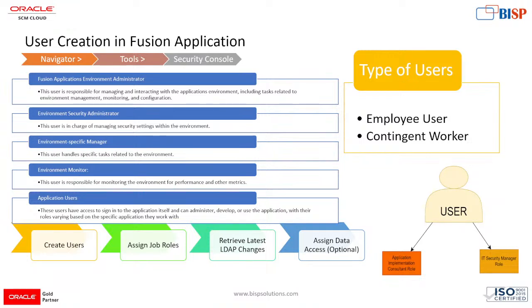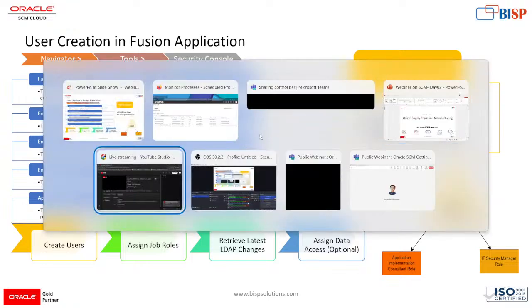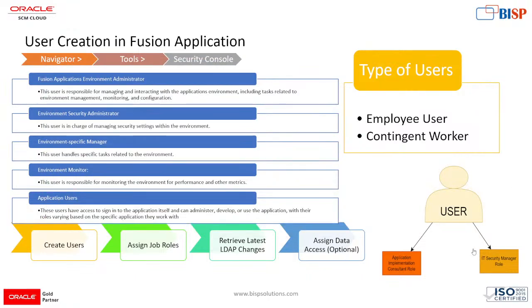So when you manage your user roles in the Oracle Fusion Cloud, it is important to follow a specific set of steps to ensure that users have appropriate access and permissions. Creating the user: to begin with, you create a user account for an individual who requires access to the Oracle Fusion Cloud.